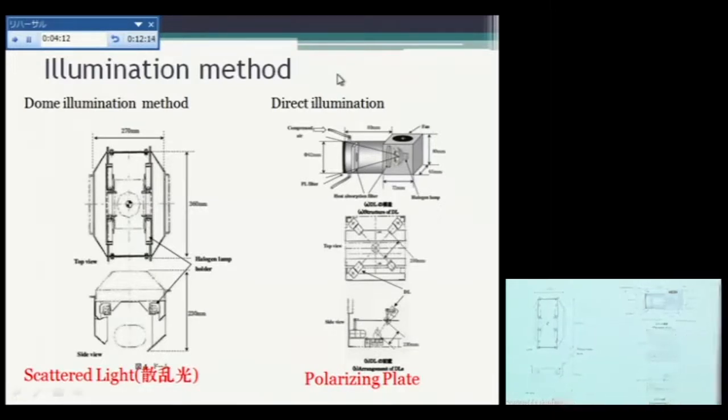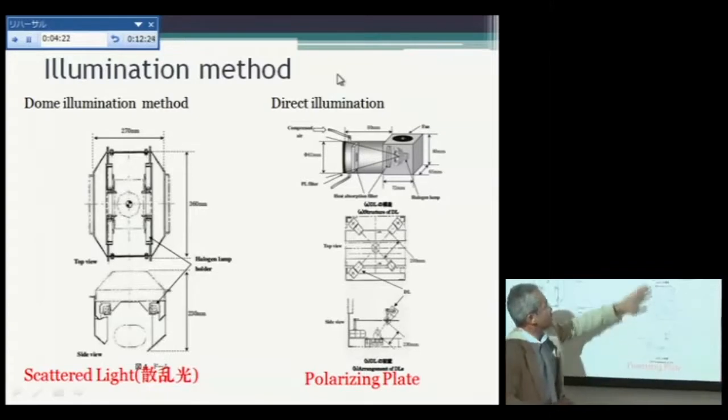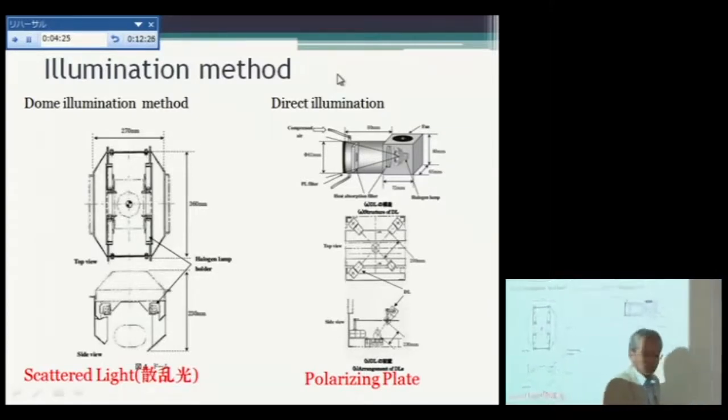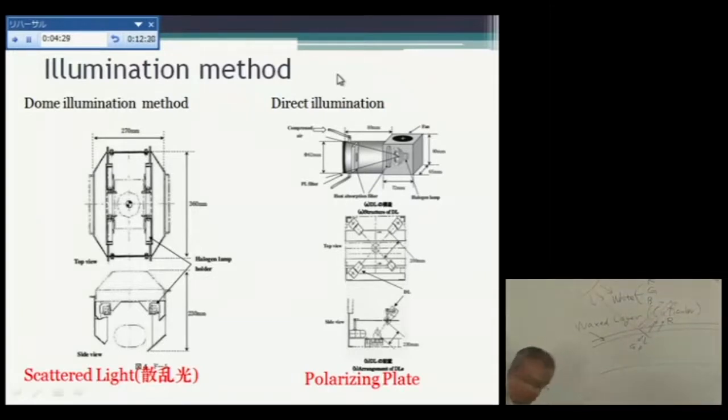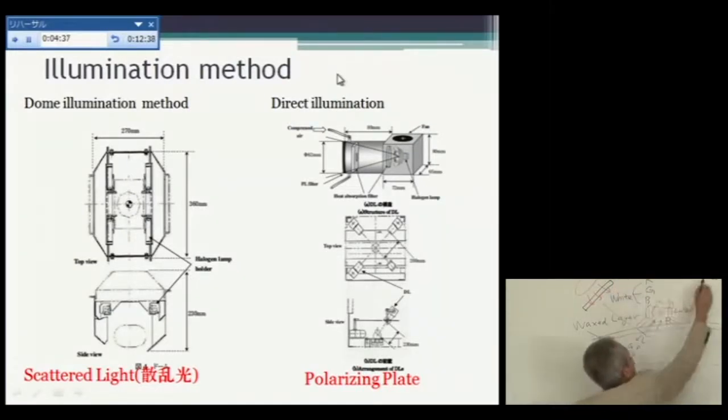Now, of course, we can get this mirror reflection. But what kind of trick do they use? Polarized plate, polarized filter. Polarization is necessary to eliminate this very strong light. They have one polarizing filter, and another polarizing filter.